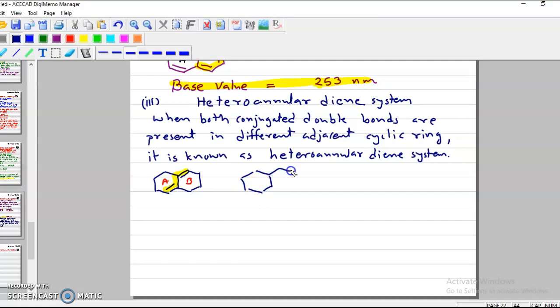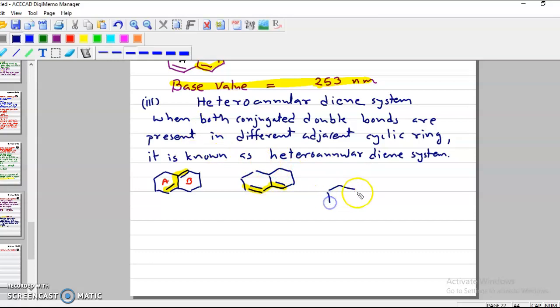It can be like this also. This is also heteroannular diene system. Starts from here, single bond and then double bond. Here both double bonds are in different rings. You can see that.